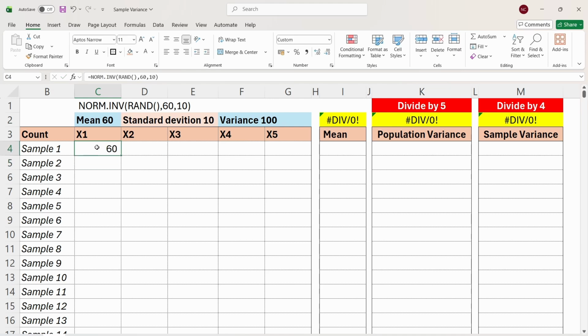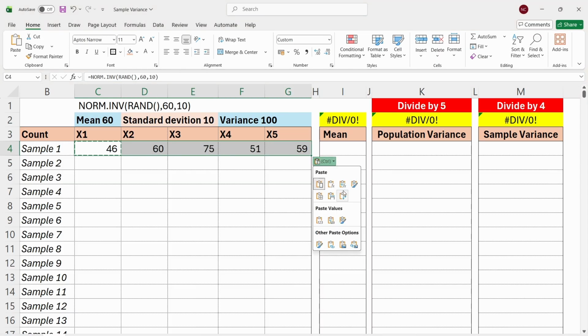This function will give me random values of that population which follows this rule, and the rule is that the mean will be 60, the standard deviation will be 10, and the variance will be 100. So I take 5 values in sample 1.